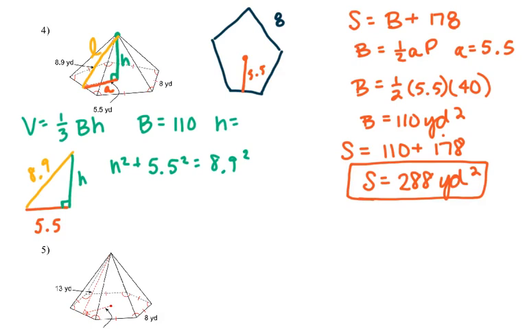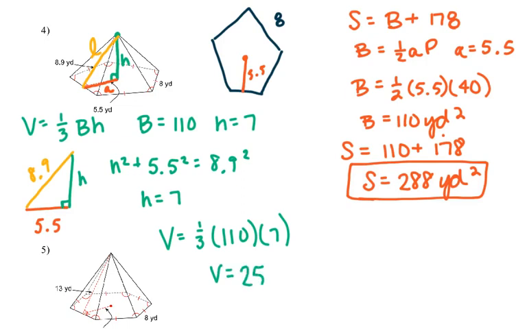Let's see here. It is 6.997, so we're going to round that to 7. And our volume is going to be 1/3 of 110 times 7. And that is about 256.7. And we are in cubic yards.